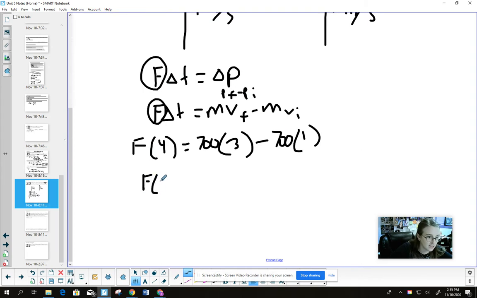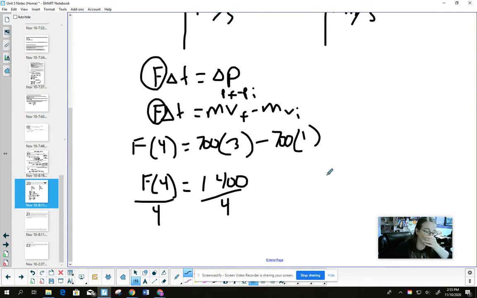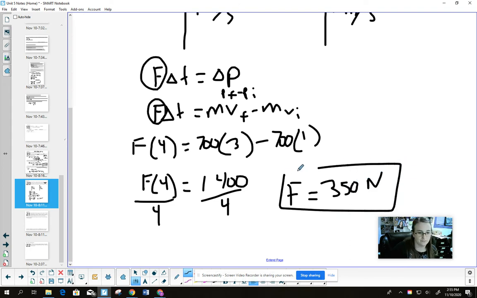So this gives us F times 4, which equals 700 times 2, so 1,400. Divide the 4 away. This is going to be the force the wind pushes with that entire 4 seconds. The wind is constantly pushing with this force for 4 seconds. So that's 1,400 divided by 4. So the wind is pushing with a force of 350 newtons.